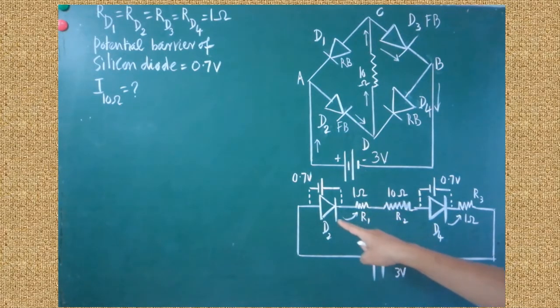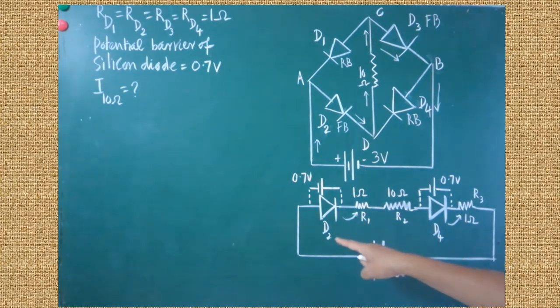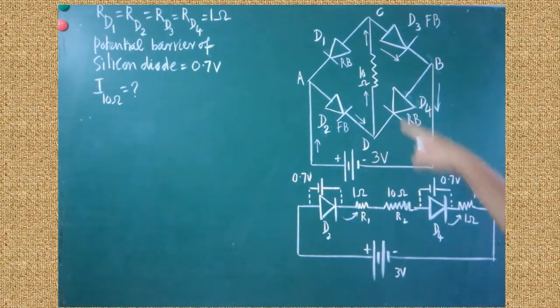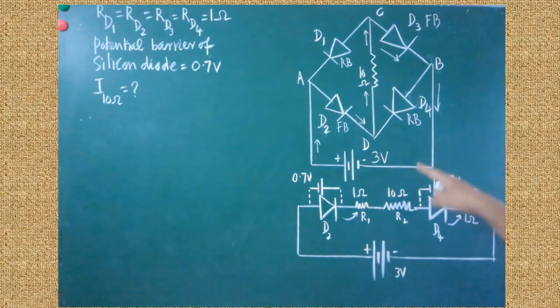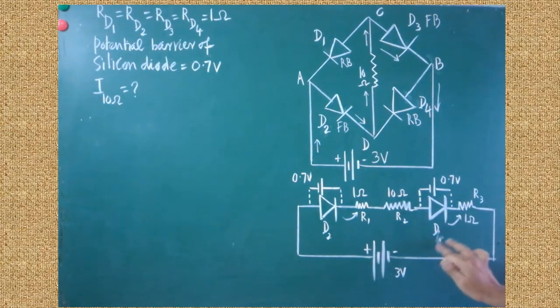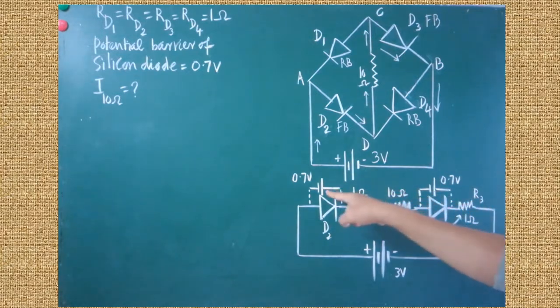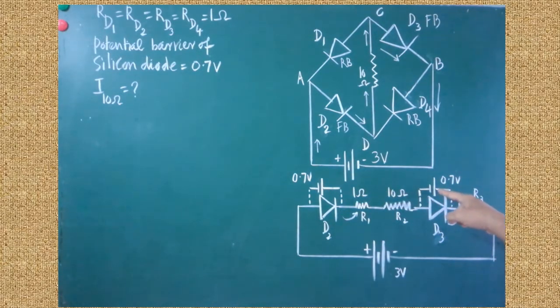R1 is the resistance of the first diode, D2. This is the middle one, 10 ohm. And one more diode, D3. Its potential barrier is 0.7 volt, which is also drawn like this, and its potential barrier also opposes the applied potential. Nearby, its respective resistance value is also mentioned, 1 ohm.